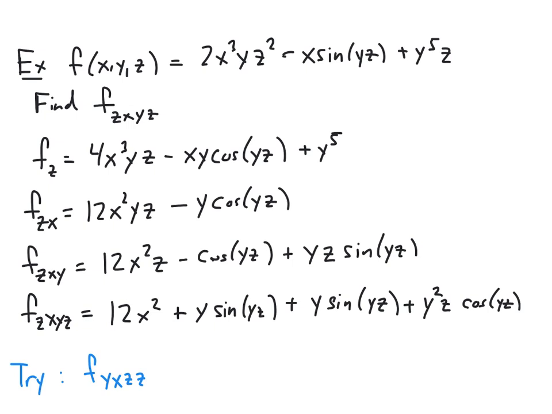And if you do it correctly, you should get the exact same function that I just did in my example. Right? And if that surprises you, you can look at the variables that we're differentiating with respect to and notice that although they're in a different order, we're differentiating with respect to z twice, x once, and y once.